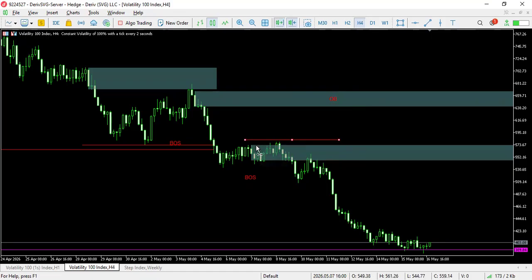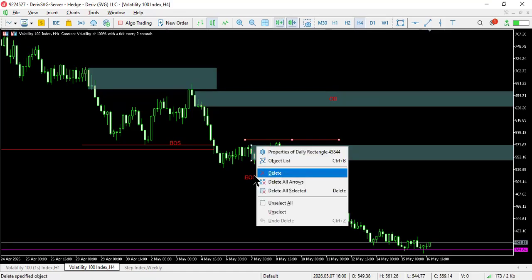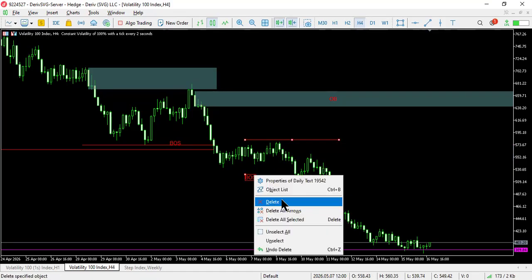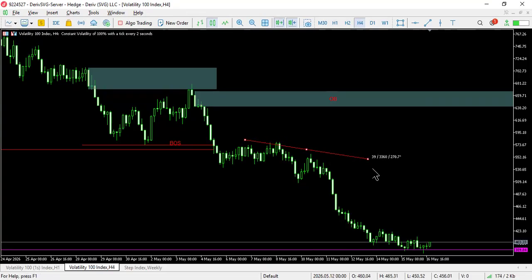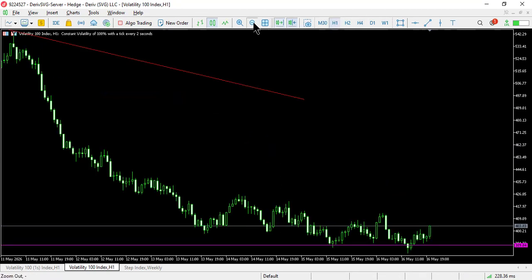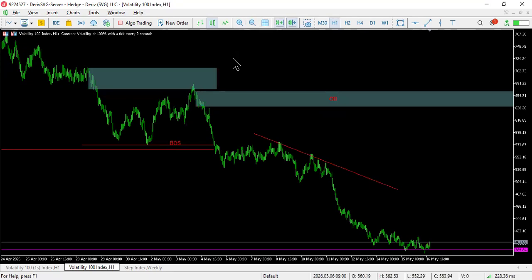All these order blocks I'm going to remove, because I'm seeing them as liquidity, since my main order block was not mitigated. And then heading over to our entry time frame.